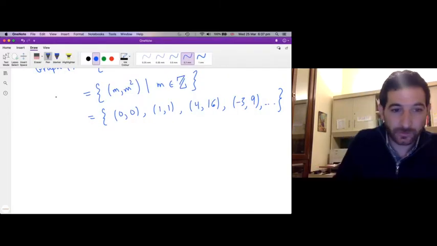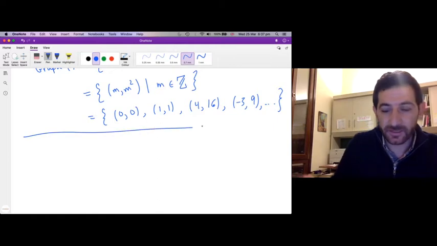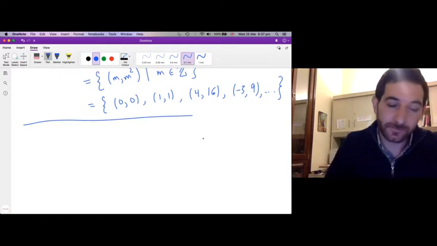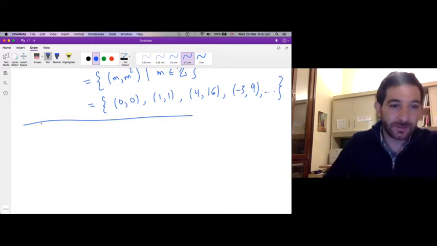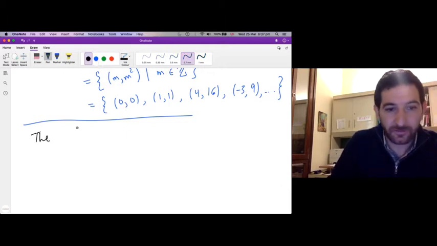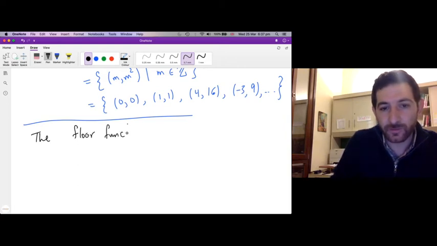Now what we want to do before finishing this section, we want to introduce two important functions. The first one is called the floor function and the second the ceiling function. I want to give you these two examples. Let's start with the floor function. What is the floor function?